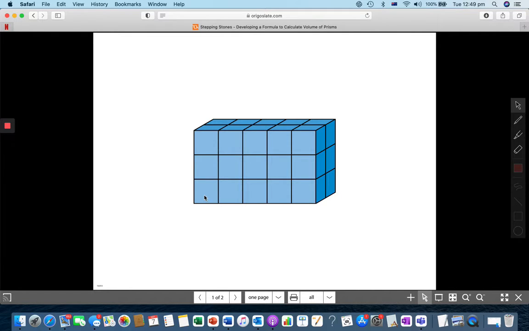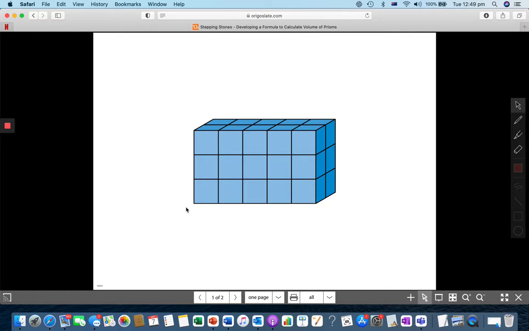So you might say, well, it's 1, 2, 3, 4, 5 little cubes long, and it's 2 little cubes wide, and it's got 3 layers of that base. Or you can say it's 3 cubes high and 2 wide and 5 long. So you are just now describing the dimensions of this prism.